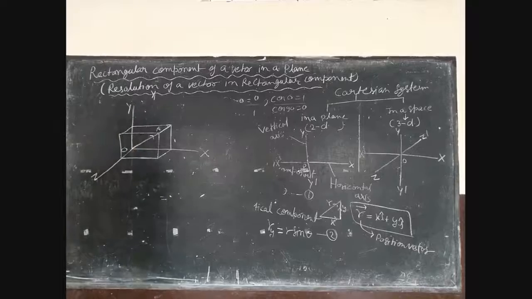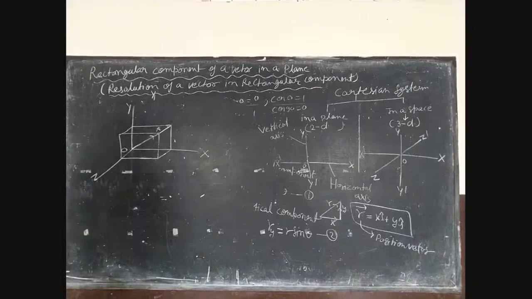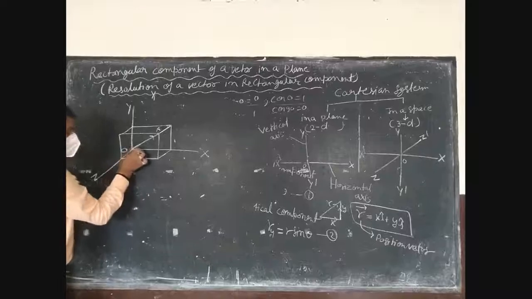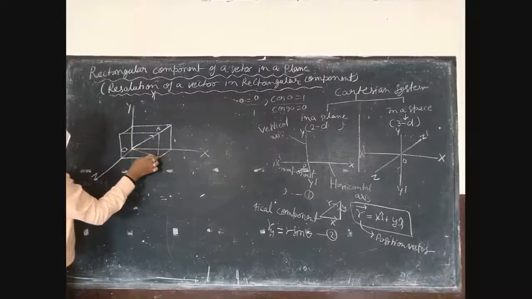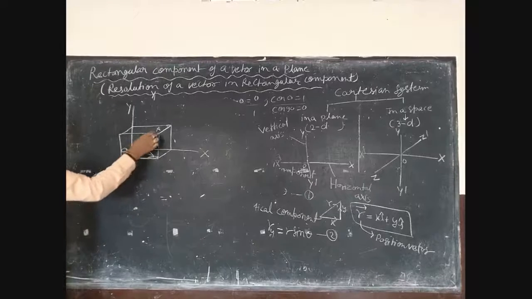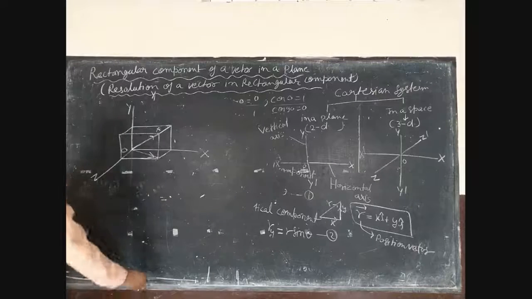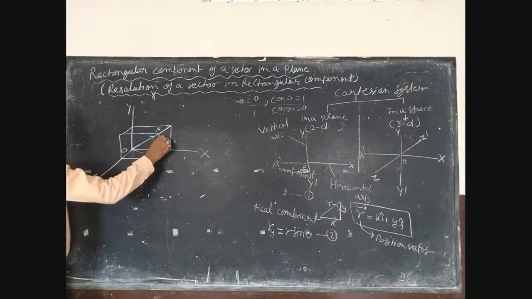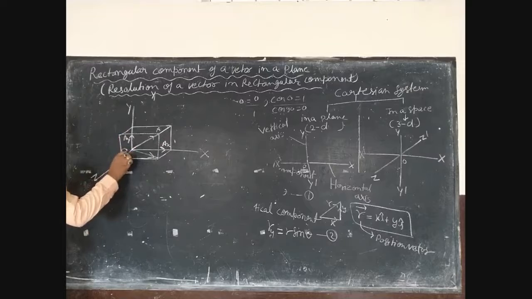Again the same method, which was also done in the previous class, and join this. So we can say this is AX, this is AY, and this value is AZ.